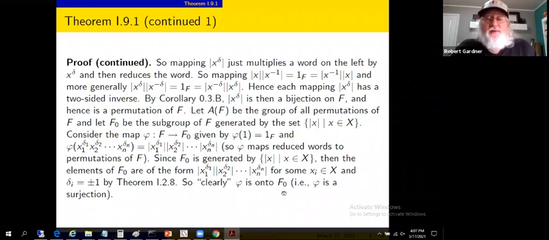Phi is onto F sub 0. Yeah, because F sub 0 involves the permutations generated by this set here. Any one of these things is certainly an element of something. If this is in F sub 0, this is the image of x1 to the delta 1 through x sub n to the delta n, because that's how I'll define the mapping. So I know what the elements of F sub 0 look like, and I know they're images of something in F itself.